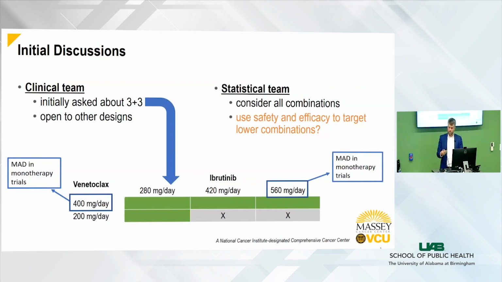So they're already inherently saying we want to back off what was maximum administered in monotherapy when we combine these drugs, right? So we're backing off those MADs to try to find something lower that provides just as much efficacy, but perhaps lowers the toxicity from a state that would give the maximum of each of the two drugs. So, and if we need to get up there, we can, right? But that's not where we want to focus our attention if possible.